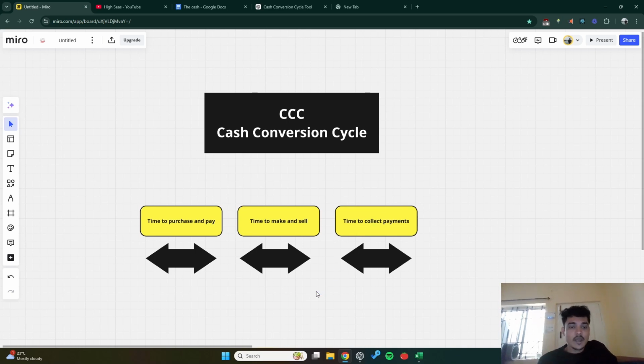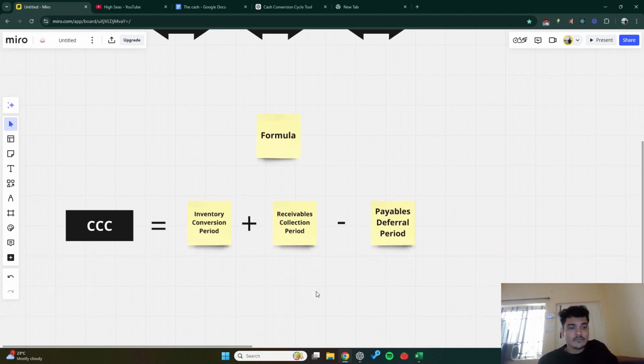So you would be asking, okay, I know the variables, so what is the formula? The formula for the cash conversion cycle, CCC, is the inventory conversion period, the time it takes to convert the inventory, make and sell. Plus the receivable collection period, the time it takes to collect the payments from the customers.